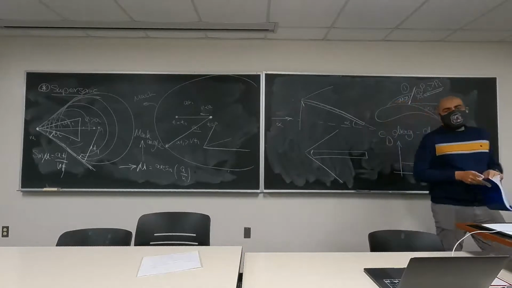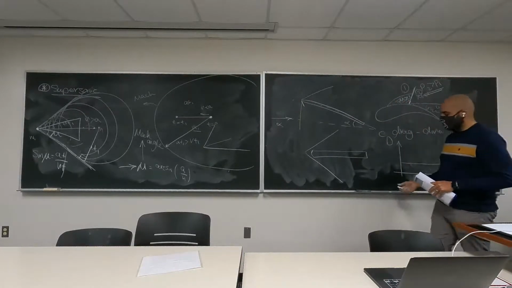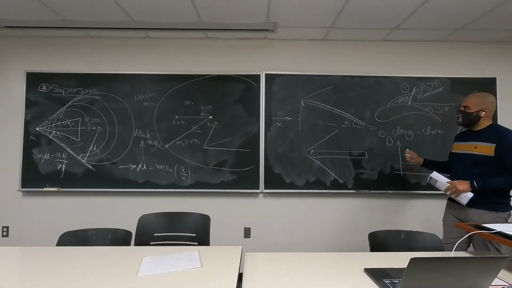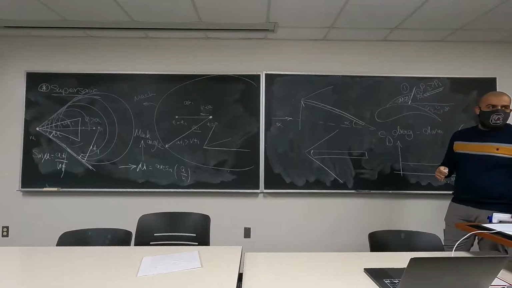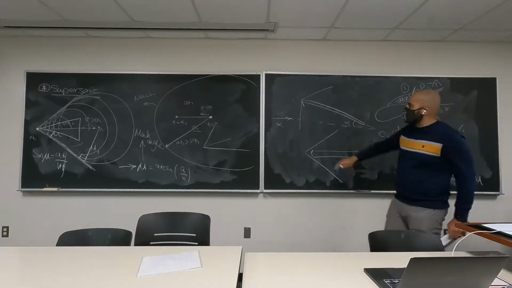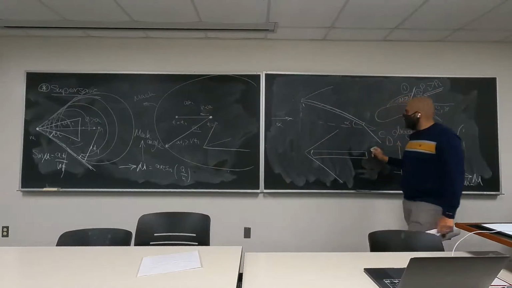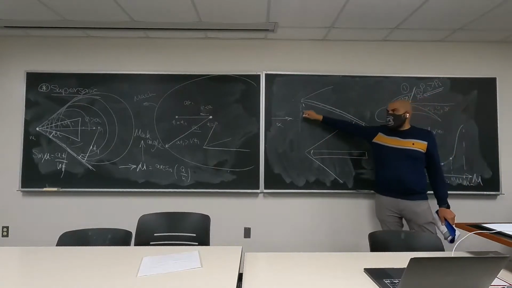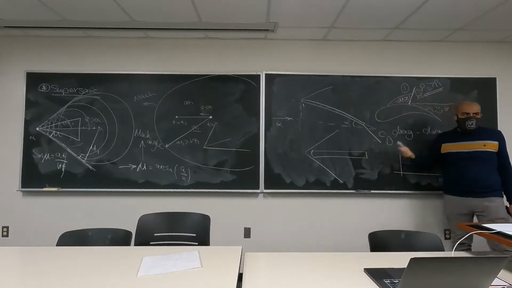Let me try to help you. It is good though, because you will always remember these phenomena. Okay, it looks like so. So what you're saying is that we are not going to have any shock here, right? We are going to have just a shock here.